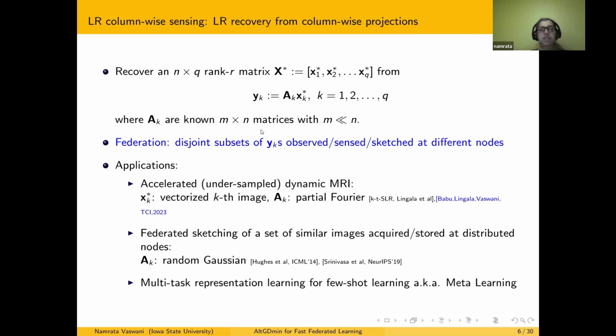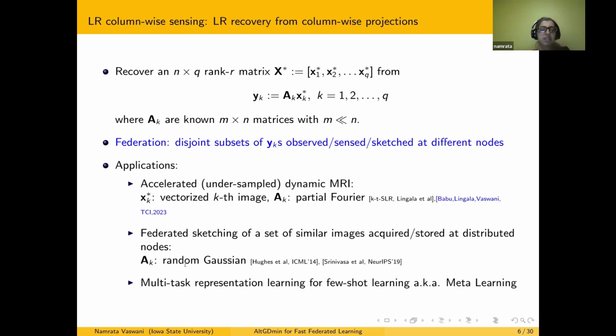For the sake of understanding the problem, let's vectorize the images. So X star k is my kth image vectorized. n is the number of pixels in the image. A k would be, for the application, the undersampled partial Fourier matrix, so it's m cross n, m smaller than n. And y k is my Fourier samples, the MRI scan data that I obtained.